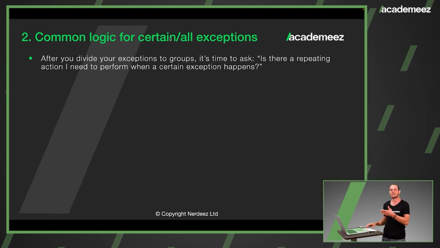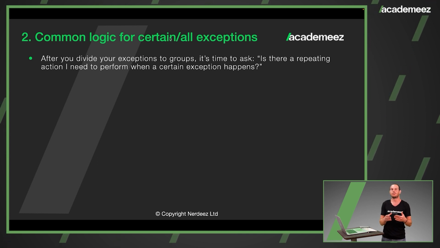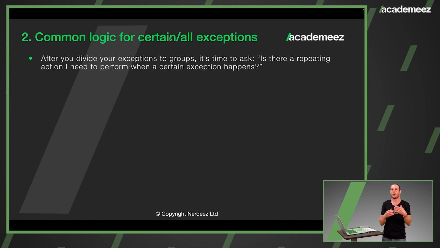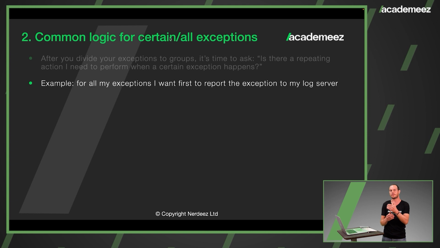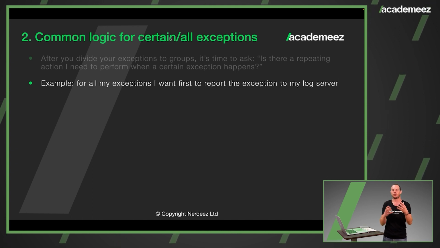So if a certain exception happens, you need to ask yourself, when I deal with that exception, is there a common logic that I want when dealing with that group of exceptions? For example, you might think that for all your exceptions, I want to report those exceptions to my log server when they happen. So you can also create common logic for all your exceptions.